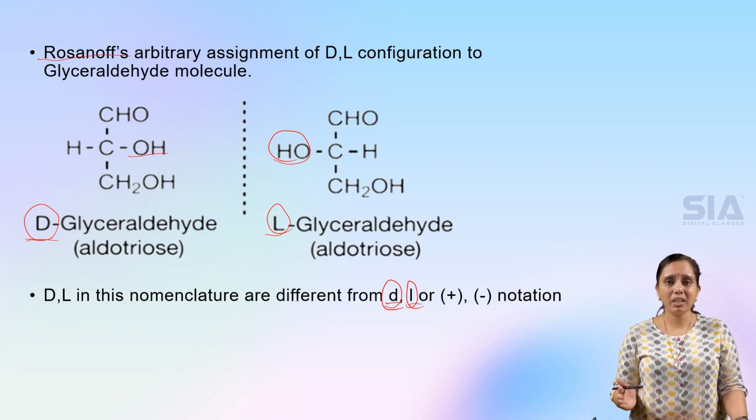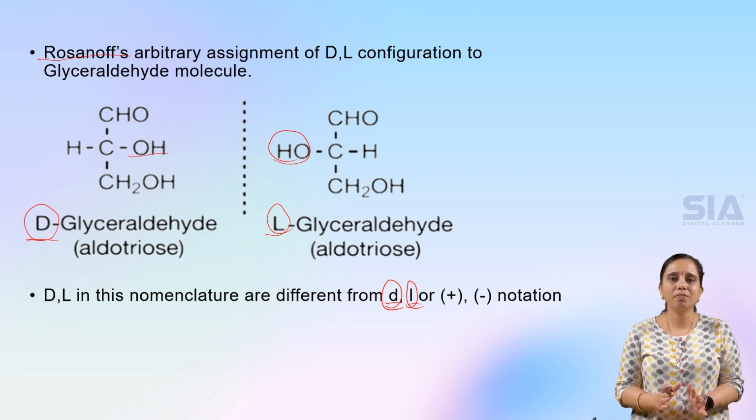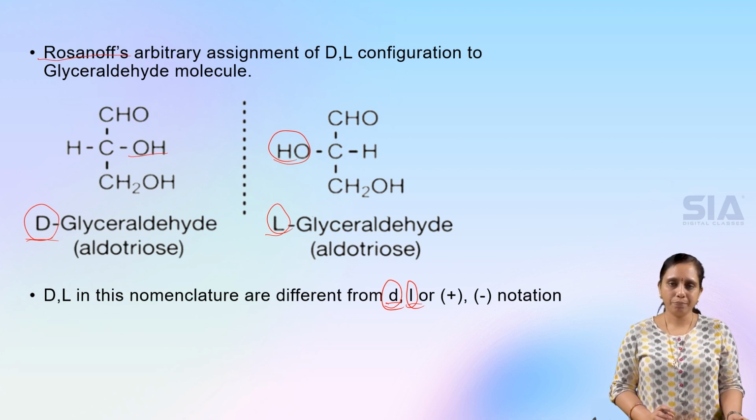Optical activity is different from configuration. Configuration deals with the arrangement of groups in the molecule, whereas optical activity is concerned with the rotation of plane polarized light. Both of these concepts are different. Please do not get confused between them.